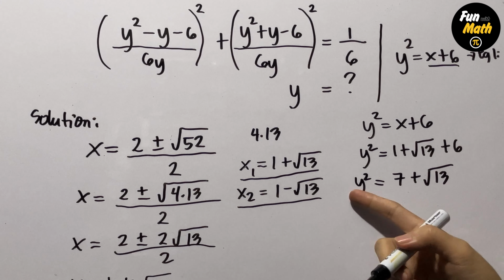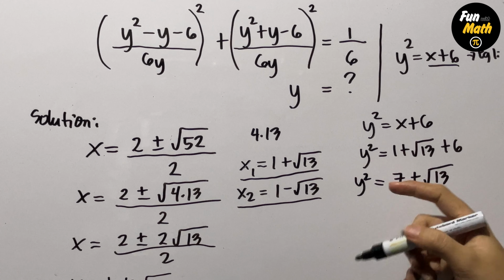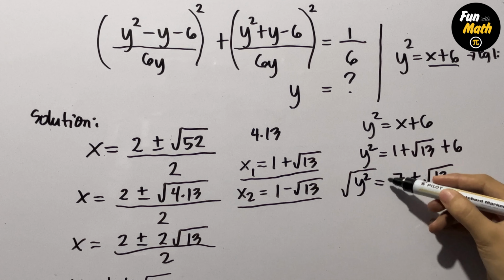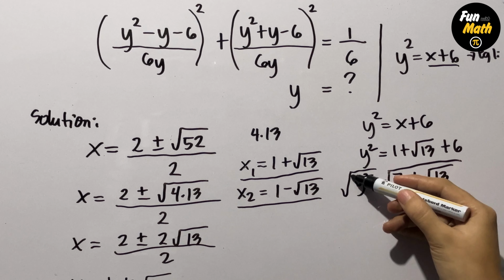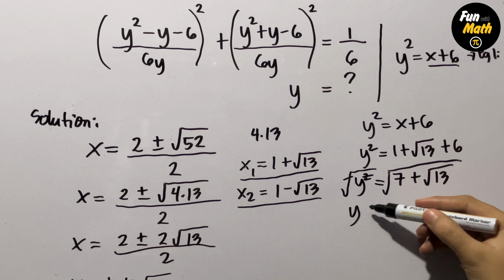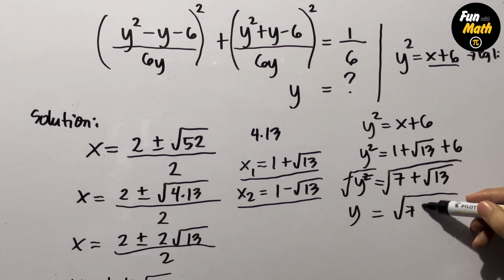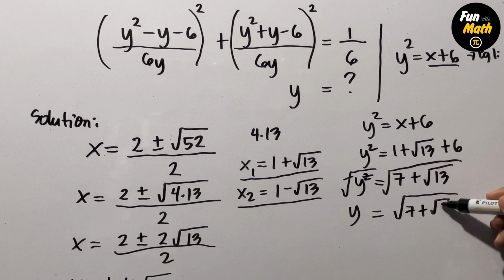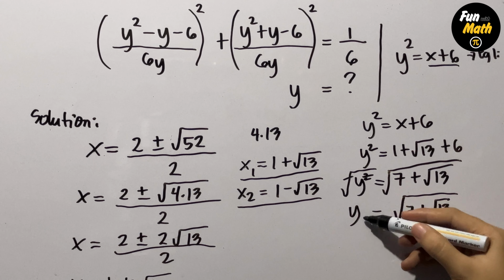Now for y, there's still a square. So we are going to remove that by inserting a radical on both sides. So this is cancelled, and we're left with y equals square root of 7 plus square root of 13. So this is the first value of y, and we can consider this as y sub 1.